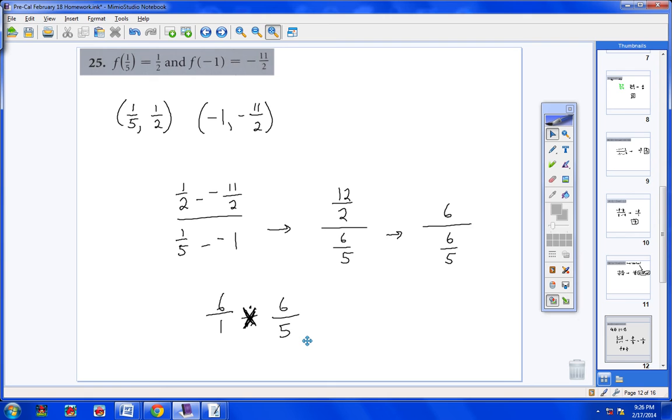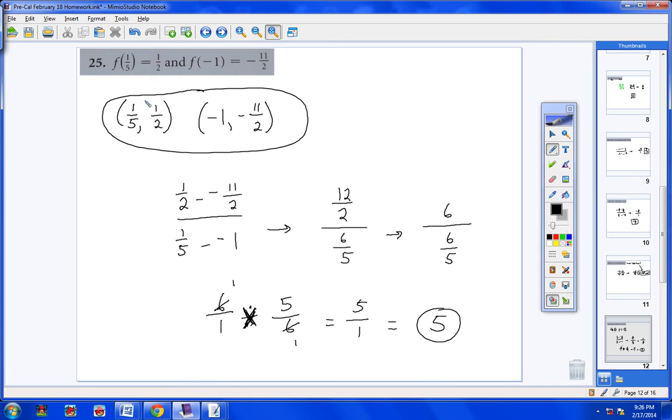So your 6 should be in the denominator and your 5 should be up top. And now that we've done that, we're ready to multiply these two fractions together. Your 6's would cancel, and 1 times 5 is 5, and 1 times 1 is 1, so 5 over 1 is 5. So the slope of the line that passes through these two ordered pairs right here is 5.